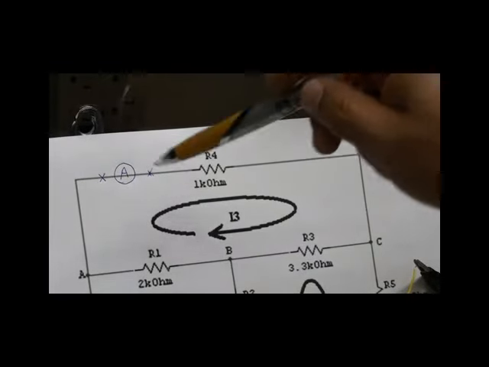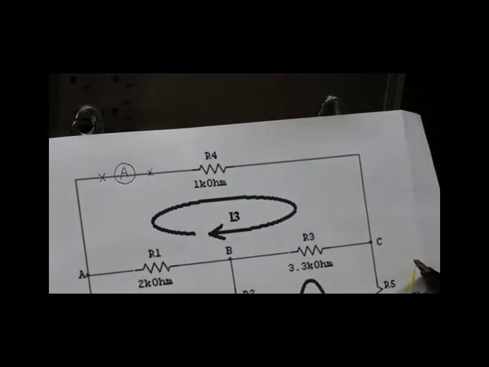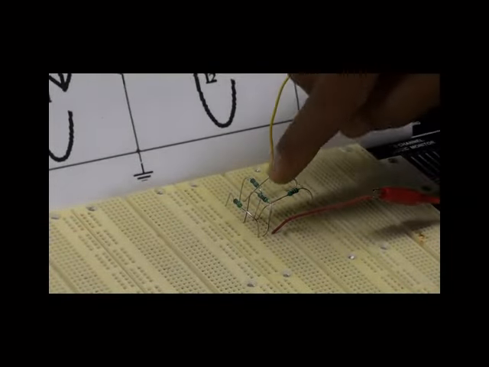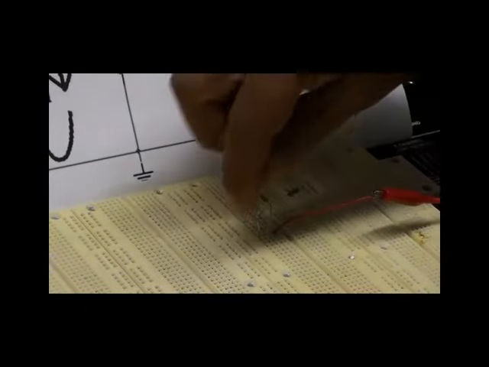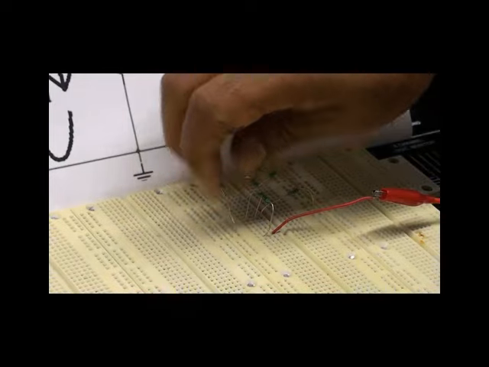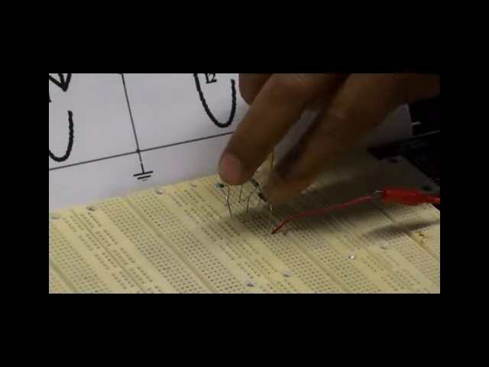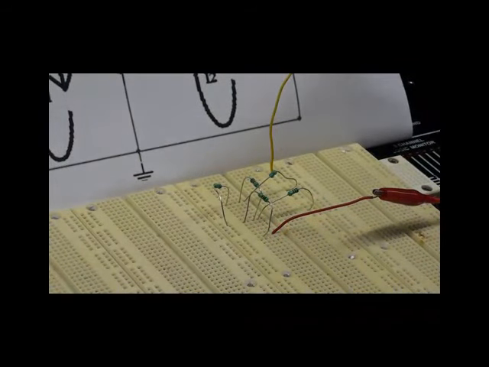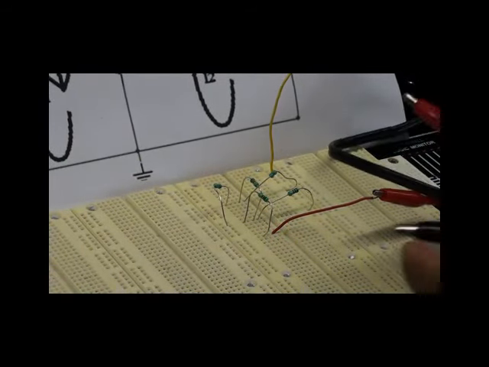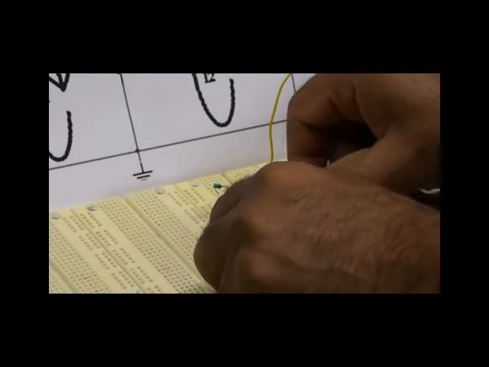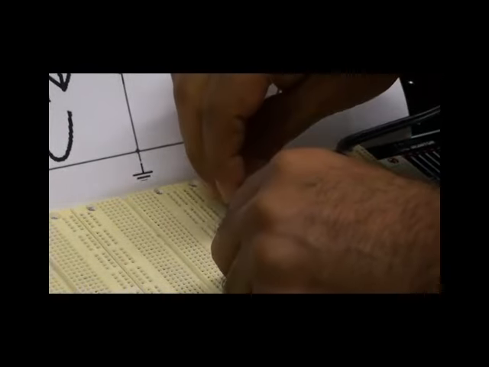So how we implement it on the circuit is, to disconnect this point from this point, I have to remove R4. So one side of R4 is disconnected, and now these two are the two disconnected points. And then is the insertion part, where the current meter has to go between these two. So the cable from the meter goes between these two.